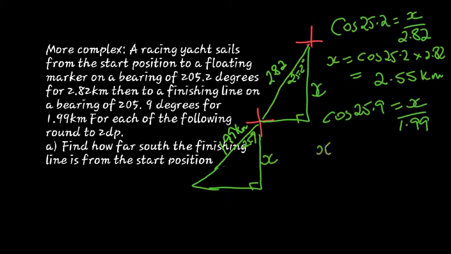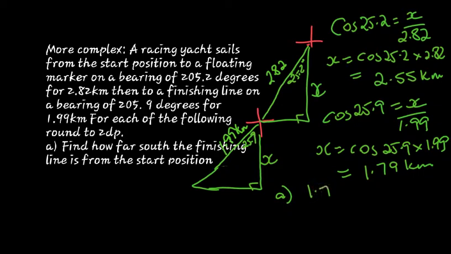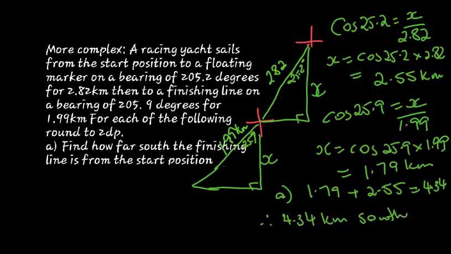And x is equal to cos 25.9 times 1.99, which is 1.79 kilometres. And so A is 1.79 plus 2.55, which gives us 4.34. And we make the statement, therefore, it's 4.34 kilometres south of the starting line.